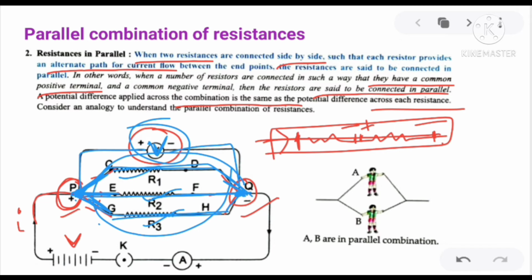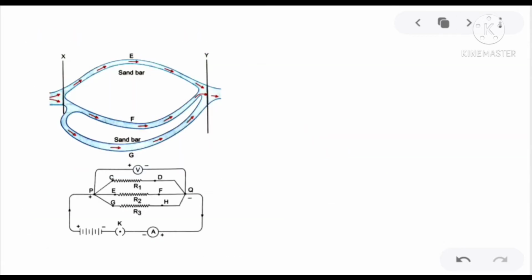Now try to understand with a different practical situation, an analogy. See here, a combination is given, and water is flowing through this, and this water gets 3 different paths.